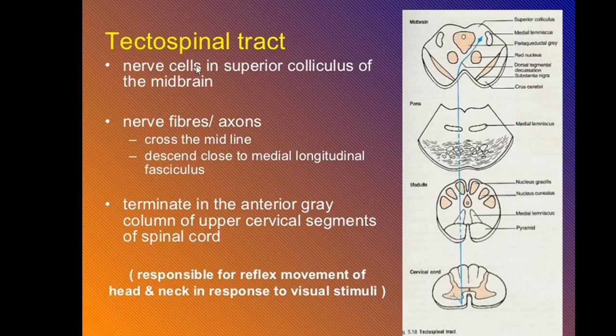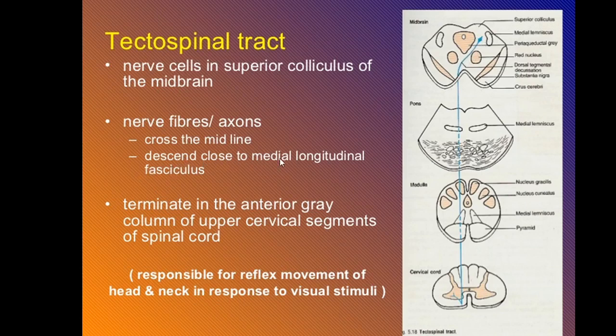Then tectospinal tract. The tectospinal tract arises from the superior colliculus of the midbrain. The nerve fibers cross the midline in the dorsal tegmental decussation.